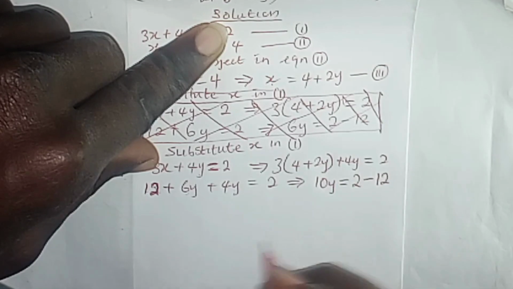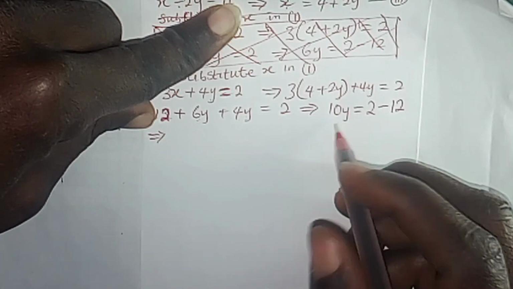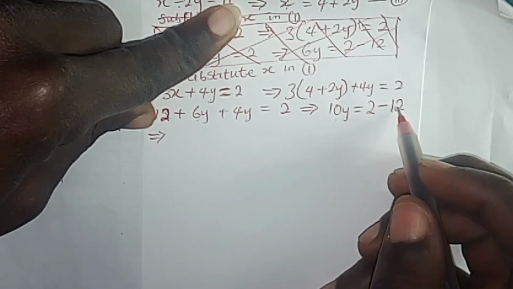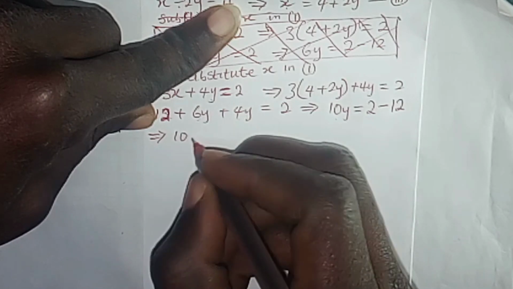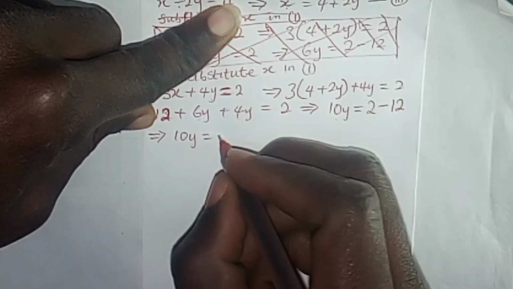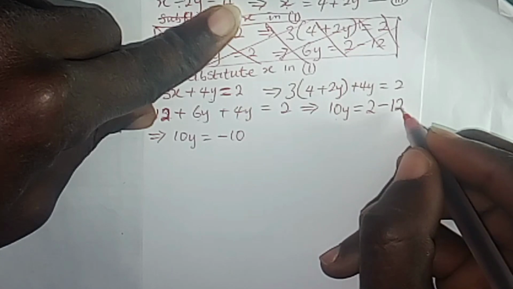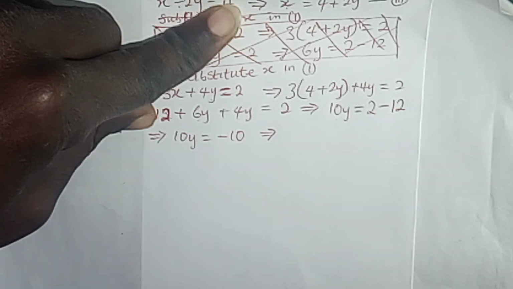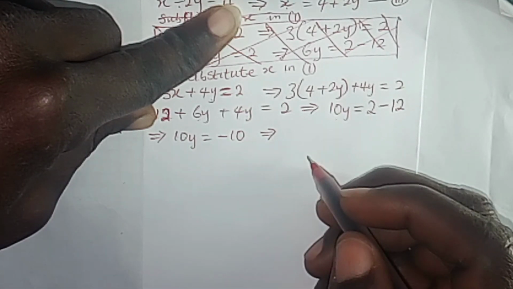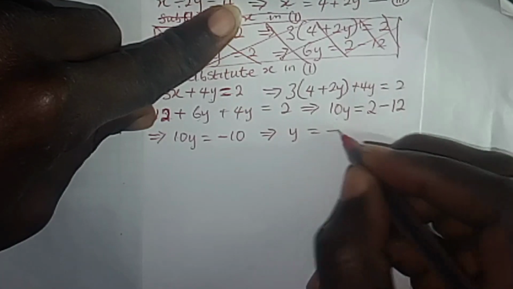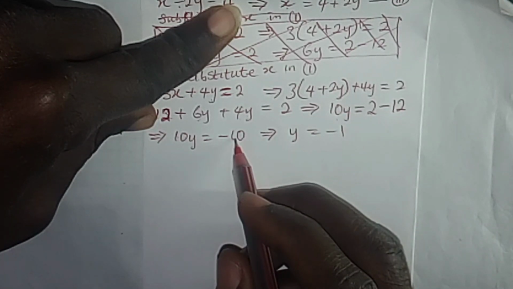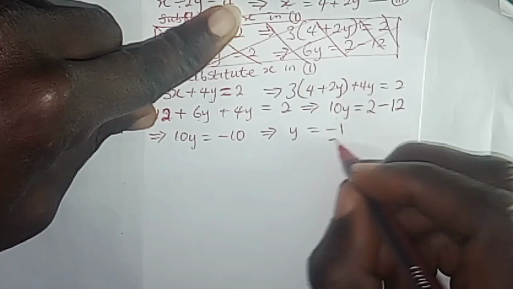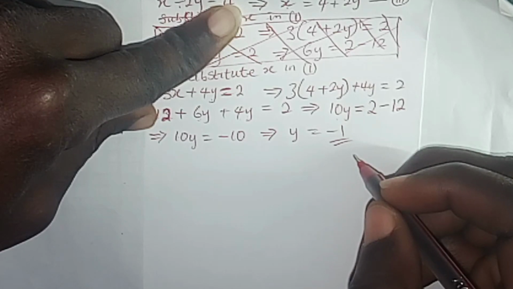So we have 10y equals 2 minus 12, and 2 minus 12 is minus 10 because the 12 is bigger. Then we divide both sides by 10, so 10 cancels 10, and the value of y is minus 1.